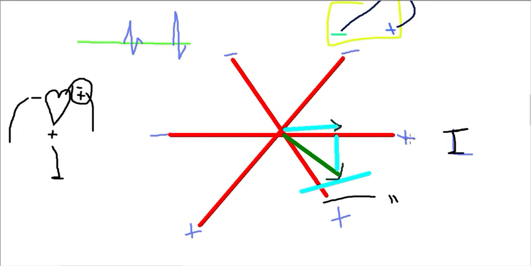So on the electrocardiography paper, the QRS vector will be directed towards the positive side. Second, here is the magnitude, telling how much magnitude will be calculated by lead 1.